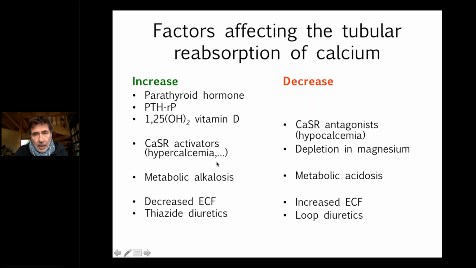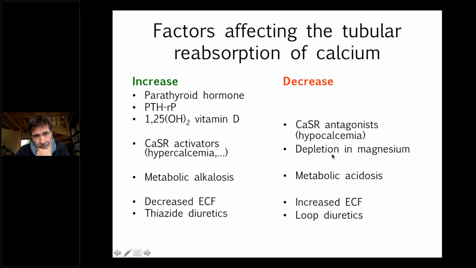But if we want to understand what controls blood calcium and calcium reabsorption in normal life, we have to consider the factors that increase or decrease calcium reabsorption. Factors that can increase calcium reabsorption along the renal tubule are parathyroid hormone, obviously, the parathyroid hormone related protein, and the active vitamin D. Calcium sensing receptor activators, I'm sorry, decrease calcium reabsorption.